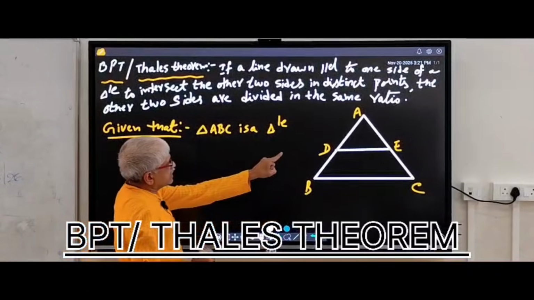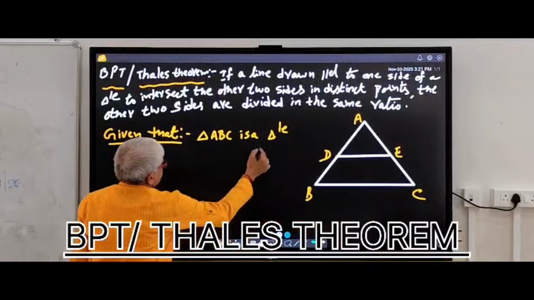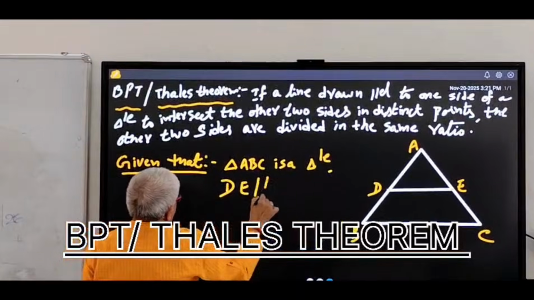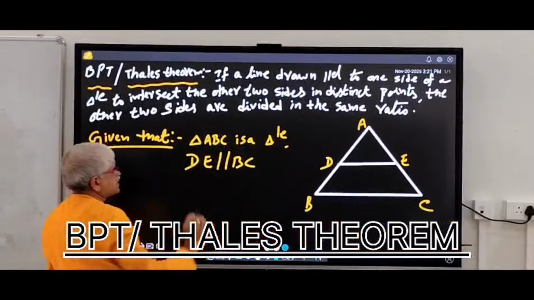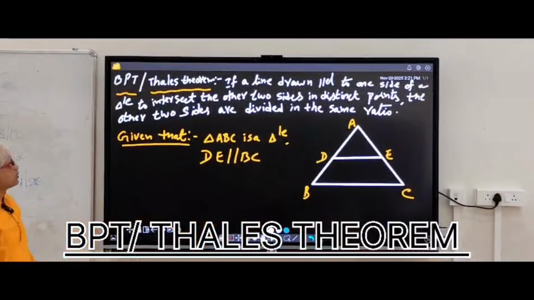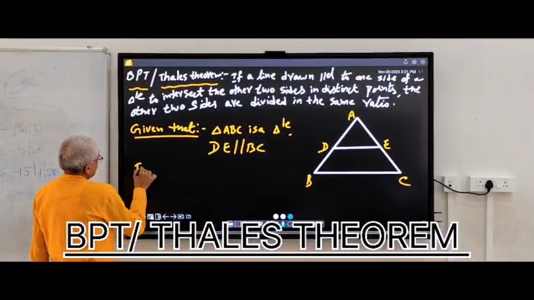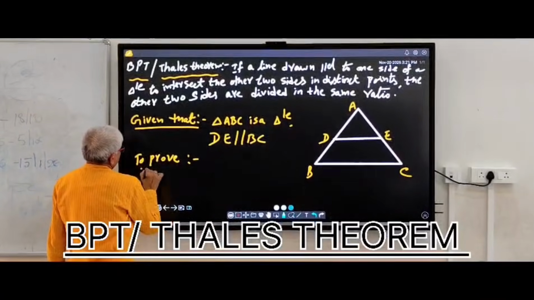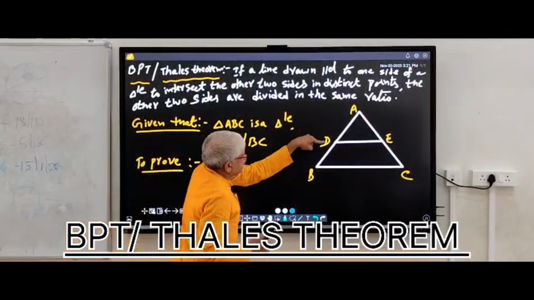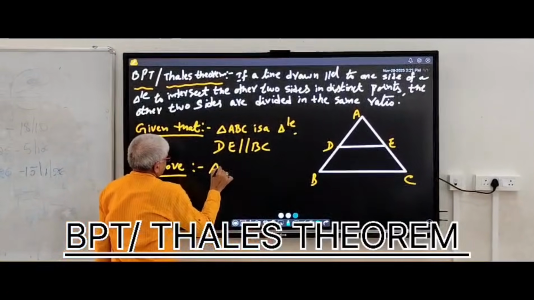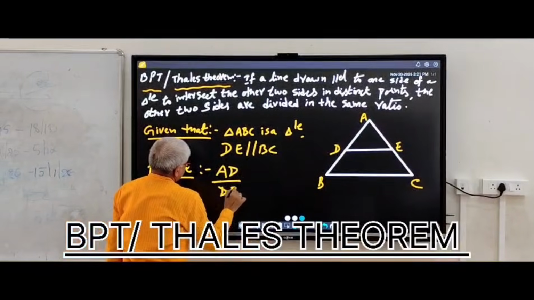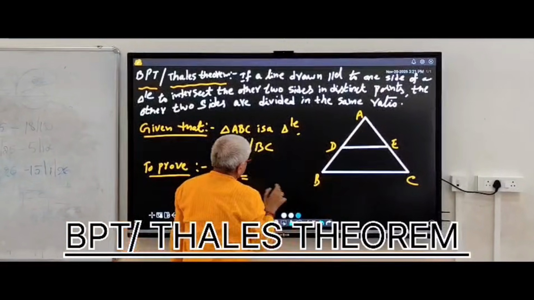And what else is given? DE is parallel to BC. This much is given to us. What you have to prove? To prove, AD by DB is equal to AE by EC.